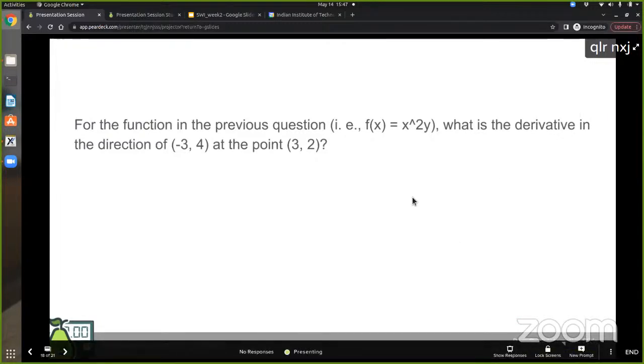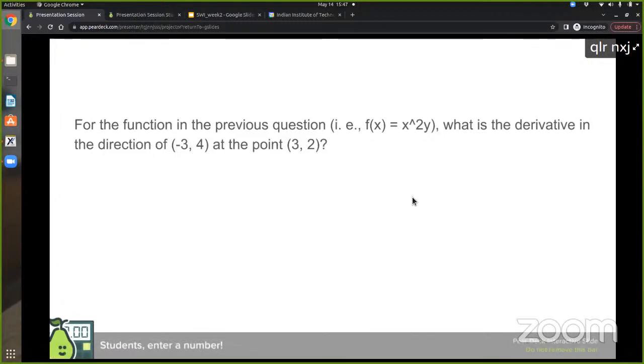Again, the same calculation. Yes, the directional derivative value will change. How much does that come out to be? I want you to tell me, because I'm going to explain one concept after this question.